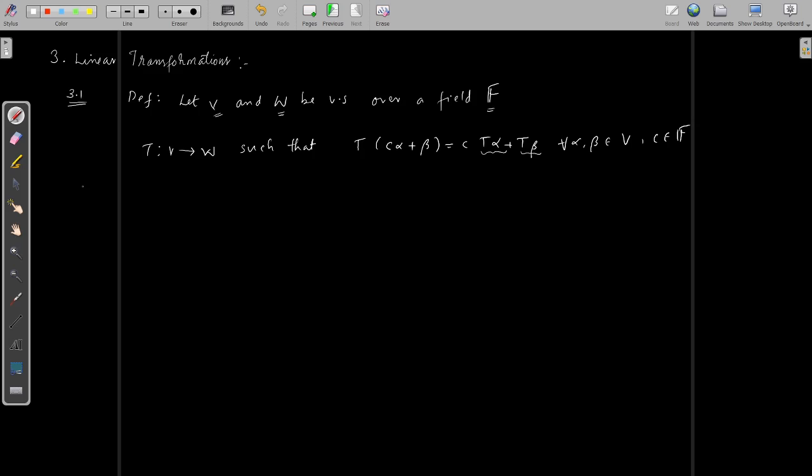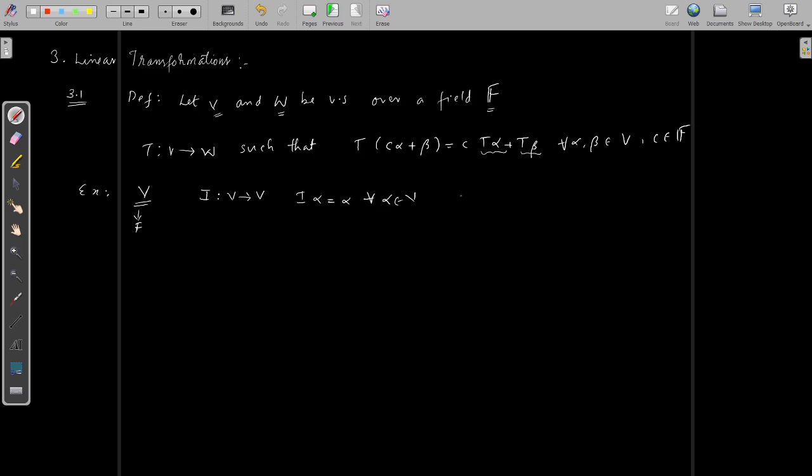So we can see some examples. If V is a vector space, then you can define a linear transformation I from V to V itself. Since V is a vector space over F, you can consider I defined by I of alpha equals alpha for all alpha belonging to V. Obviously, this I satisfies the condition.